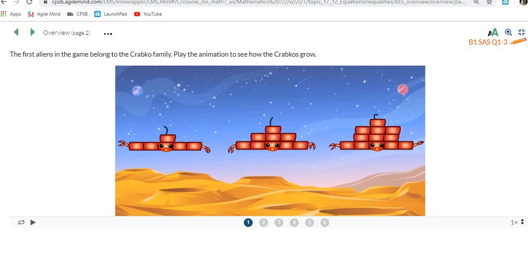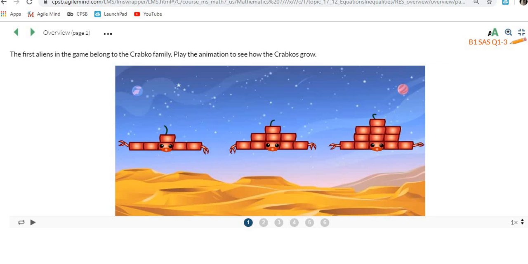How many sets of 3 does member 2 have? 2 sets of 3, because there's 3 down there. Then the third member has the same 3 body parts, but its core body, how many sets of 3 does it have? 3 sets of 3.